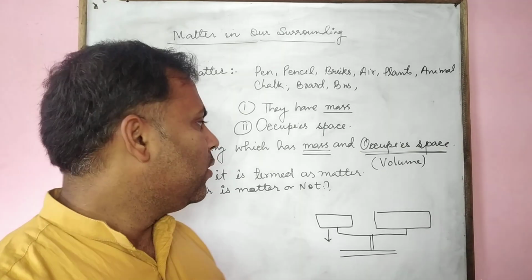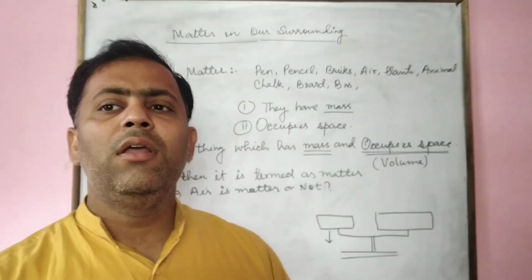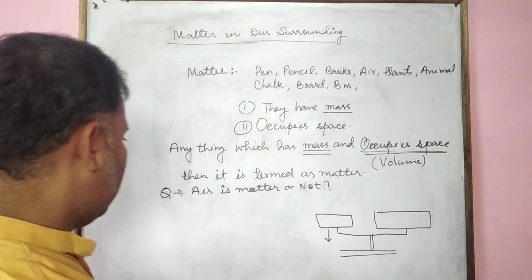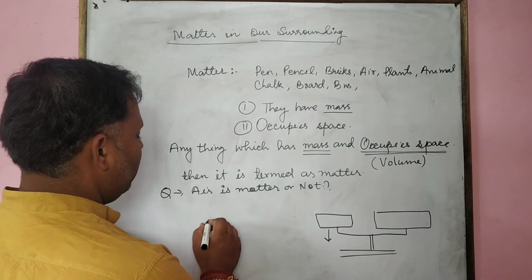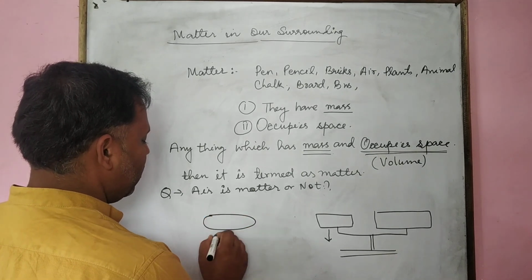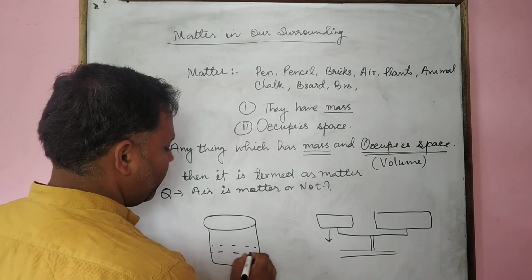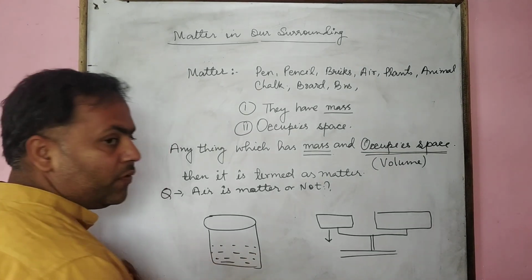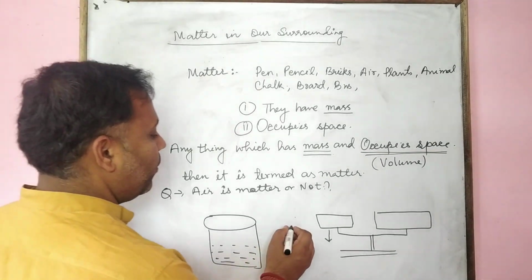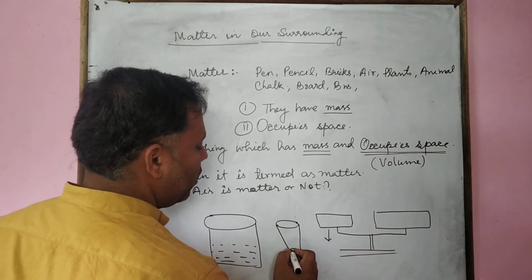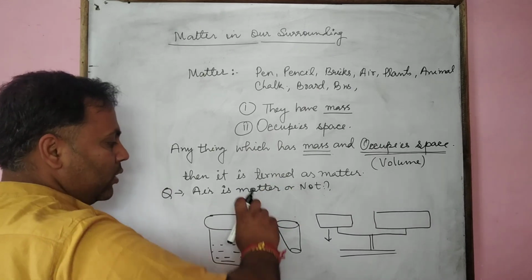The next one, it occupies space. How will we know? Let us understand by one activity. We will take a bucket and then fill it with water. After filling it with water, we will take an empty tumbler, a glass, and then invert it.